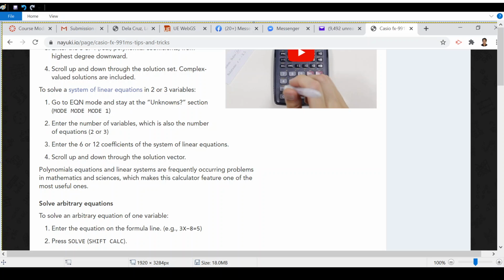If you do not know the program, you can ask Google how to calculate linear equations, depending on your calculator model and the series model of your calculator.